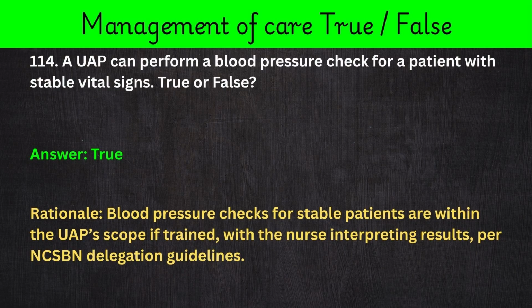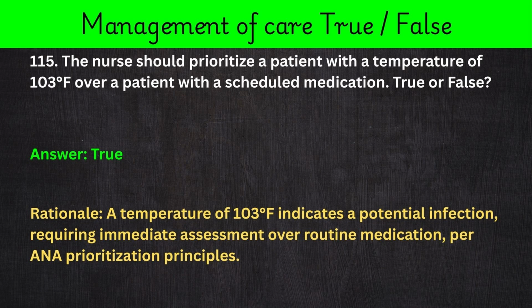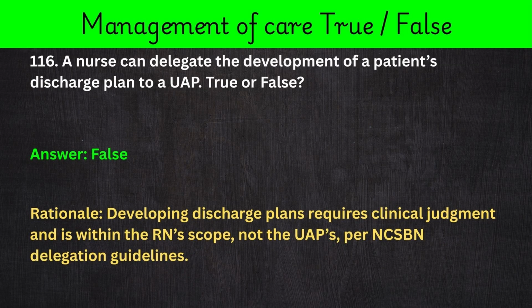115. The nurse should prioritize a patient with a temperature of 103 degrees Fahrenheit over a patient with a scheduled medication. True or false? Answer: True. Rationale. A temperature of 103 degrees Fahrenheit indicates a potential infection, requiring immediate assessment over routine medication, per ANA prioritization principles. 116.